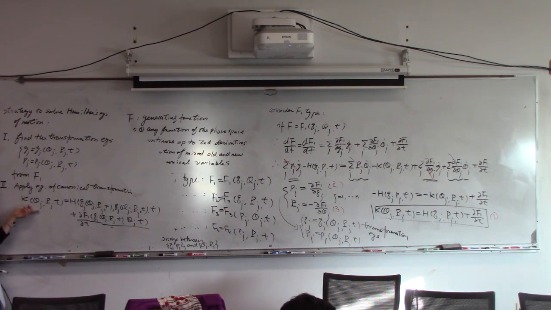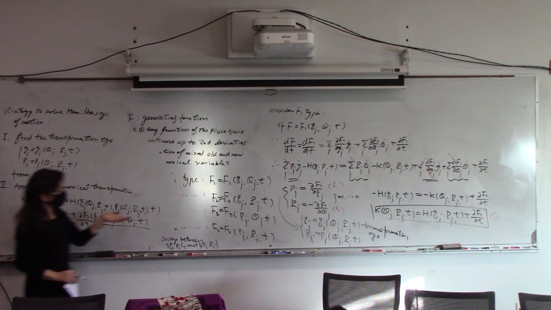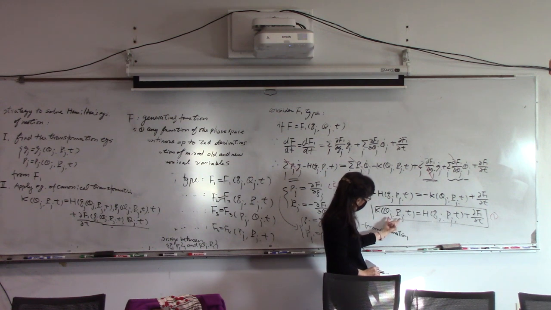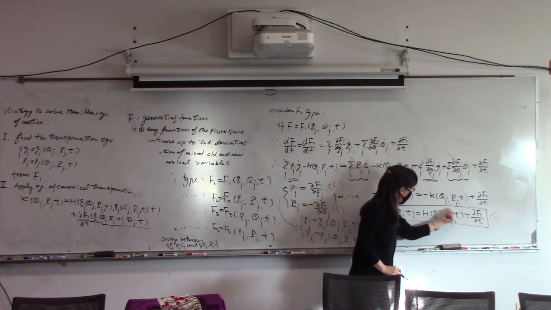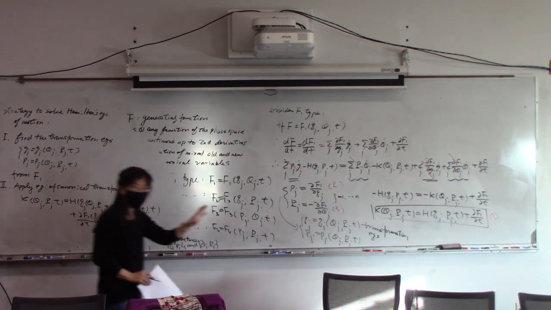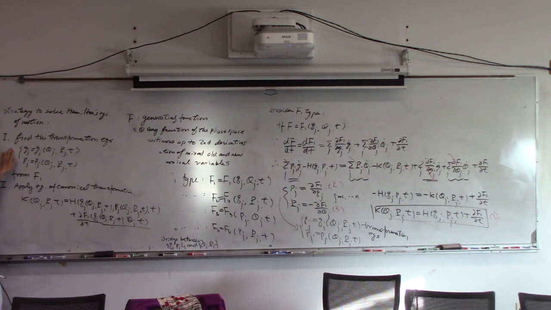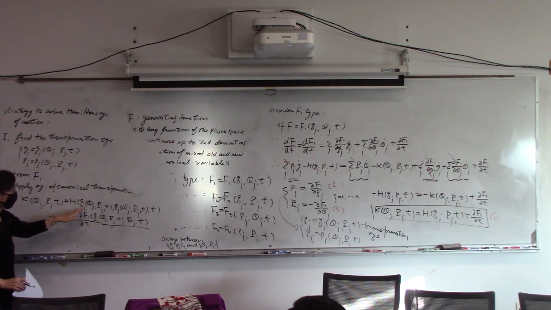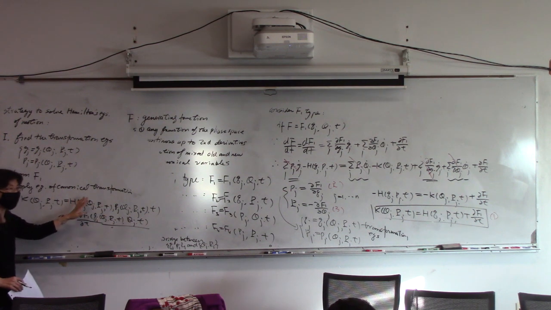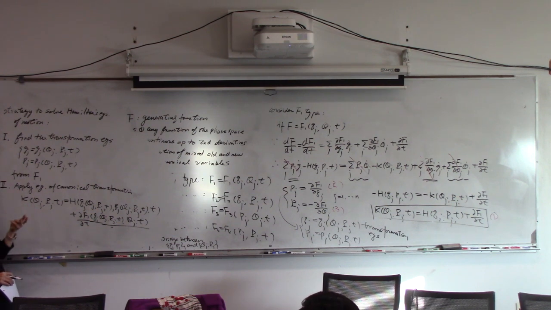So I write it this way, you can see here: this equation's left-hand side is a function of the new canonical variables, while the right-hand side is a function of the old ones, a mixture. So we are going to replace the old ones by the new ones from this transformation equation. Then the right-hand side is also a function of the new generalized coordinates and conjugate momenta, so we get this one. That is how we do it.